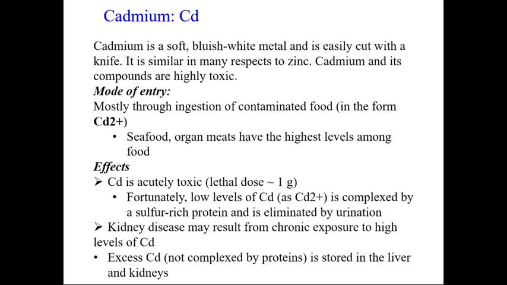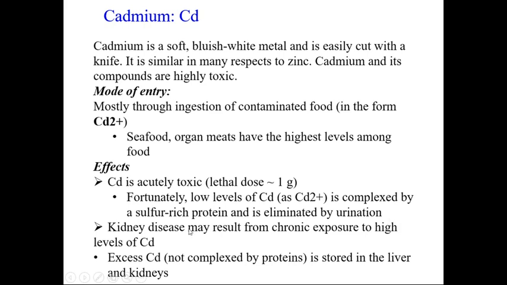Then we have cadmium, which is a soft metal. It's a bluish white metal and can easily be cut with a knife, and its compounds are highly toxic. Again, cadmium metal is not toxic, but the ionic form, that is cadmium 2 plus, is the toxic form. You can find this in seafood and in organ meats, which have high levels. So it is acutely toxic. At low levels, cadmium is complexed by a sulfur-rich protein and is eliminated by urination.